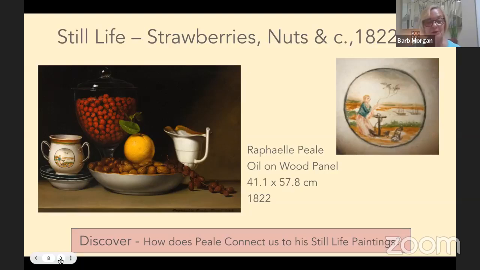The scene shows a subject that was very popular on the Chinese porcelain of the era. It's an allegorical figure, and it's a woman, and her name is Hope, and she's with an anchor and a dog.